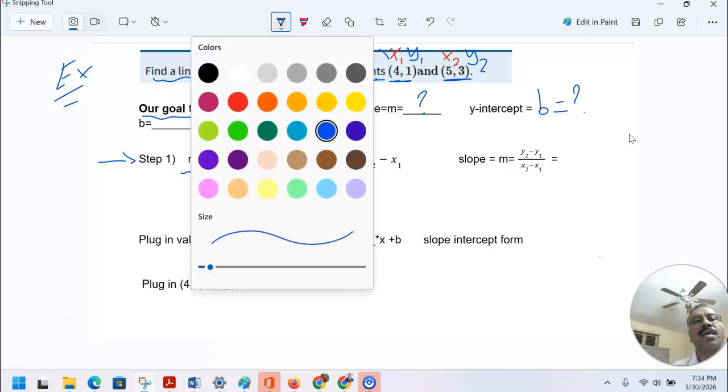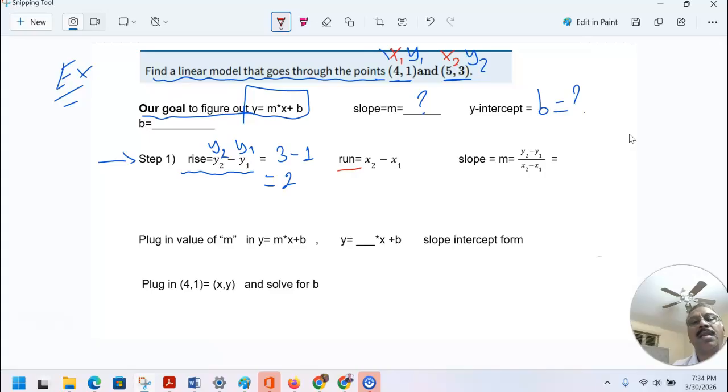And the other one is the run. Run is x2 minus x1. So that means this will be 5 minus 4, and you get 1.